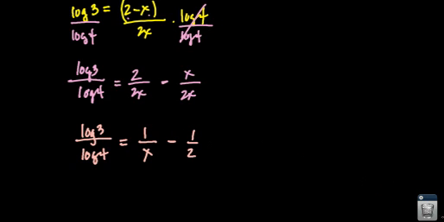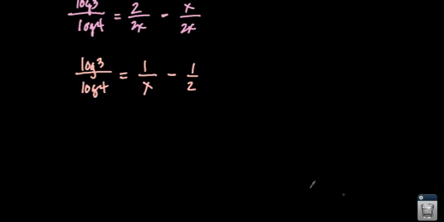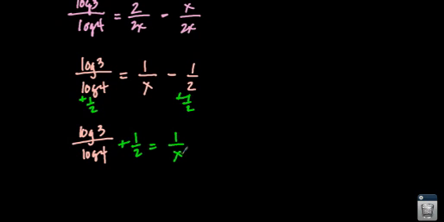That's nice. Okay, so I now have the log of 3 divided by the log of 4 right on this side, but I'm also now going to add half on both sides. Okay, so now I have plus half equals 1 over x.